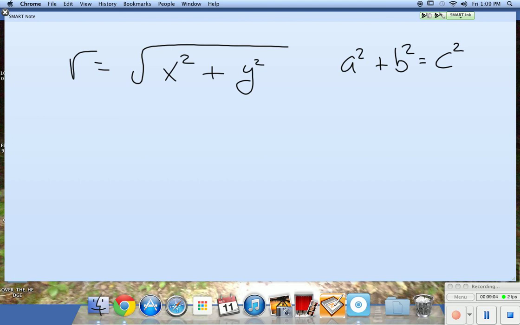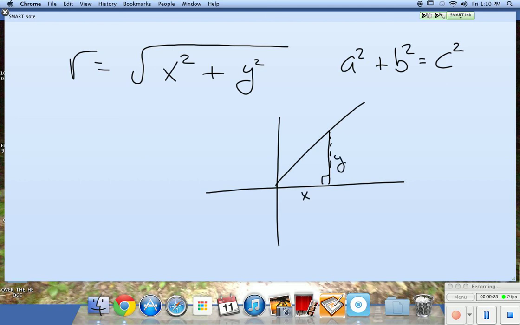So if I'm looking at this and I go into my quadrant here and I put a line coming up here and I drop a line coming down here, make it a right angle, and I call this my x, this is my y, and this is r.